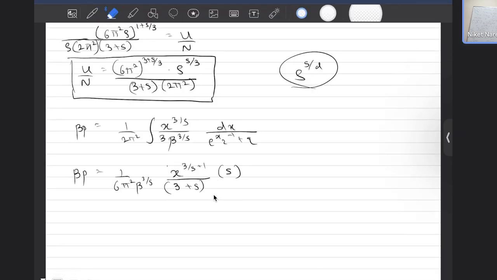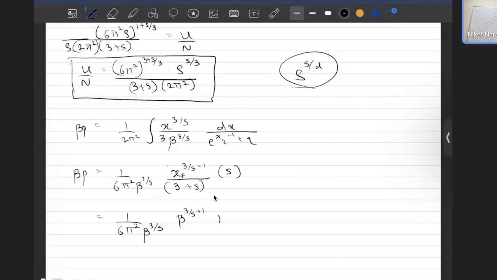And here x is basically xf from 6 pi square beta raised to power 3 by s, beta raised to power 3 by s plus 1 kf raised to power 3 plus s. Yes, it will be 3 plus s again into s divided by s plus 3. This is beta p.